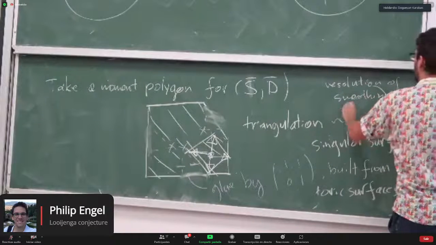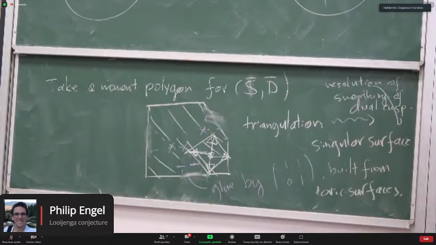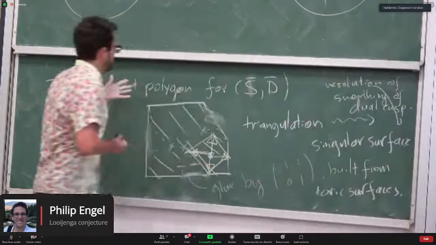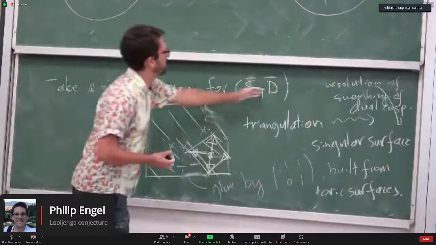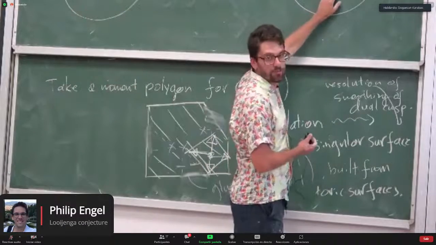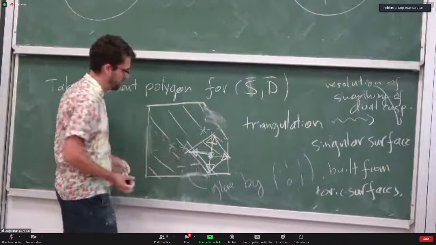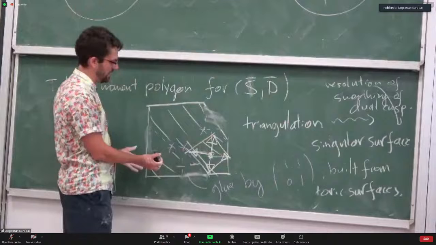So, okay, that was an excessively short summary, but the main point is that we take some polygon associated to this thing, and these blow-ups of these points on the toric boundary correspond to cutting out certain triangles from the moment polygon.